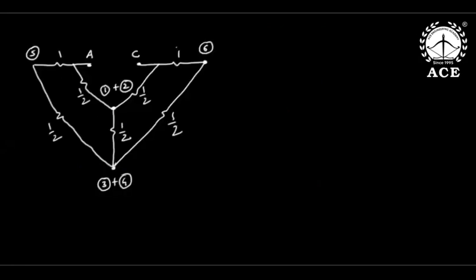Now please understand what we did. Now if you observe, this is A and this is C. Now 1 plus 2 I am writing here and 3 plus 4 I am writing here. Now if you observe, A to 1 plus 2 is half.